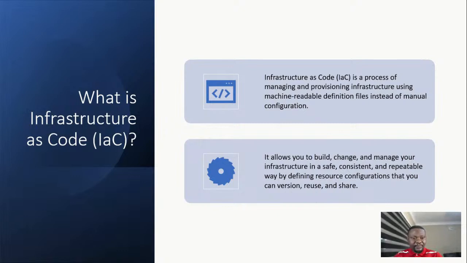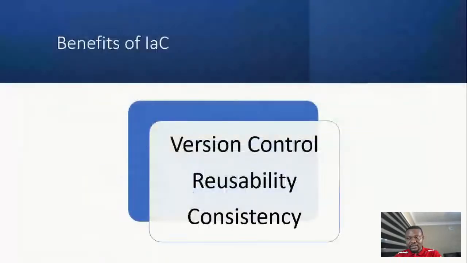So today, let's dive into the benefits that you can gain when using infrastructure as code. Some of the benefits are you can easily version your code. That brings in the concept of version control. In this case, infrastructure definitions can be version controlled, which provides traceability and accountability for infrastructure changes.